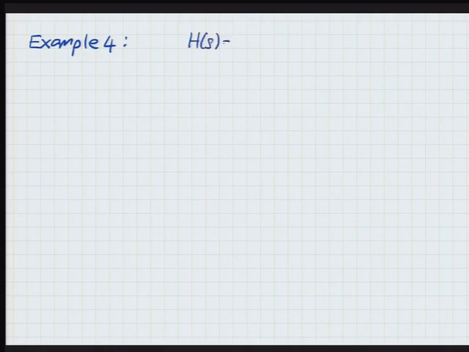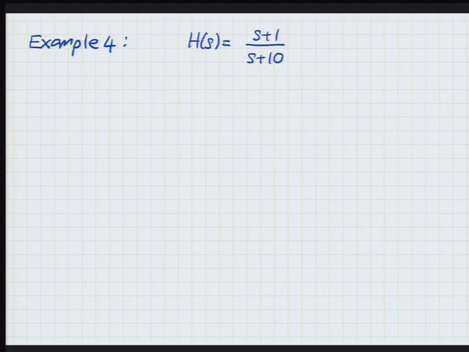All right, let's see how that works in this example from last time, actually. Example 4. So we have this transfer function with a single pole and a single zero.